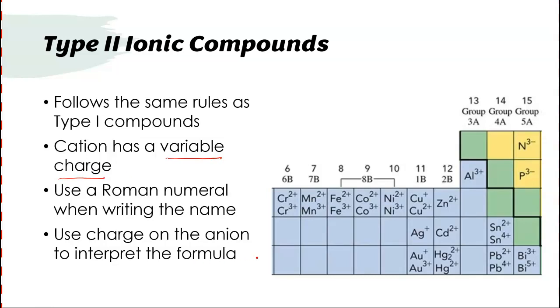Now, the anions always have a consistent charge, and so we are going to use the charge on the anion to interpret the formula if we see the formula unit, and we're going to use a Roman numeral when writing out the name. This simple periodic table shows some of the elements that have variable charges.